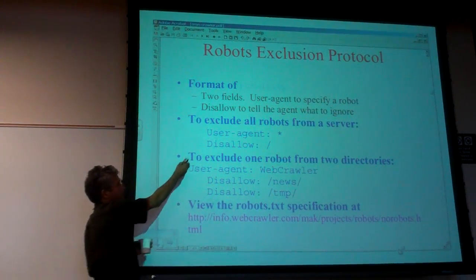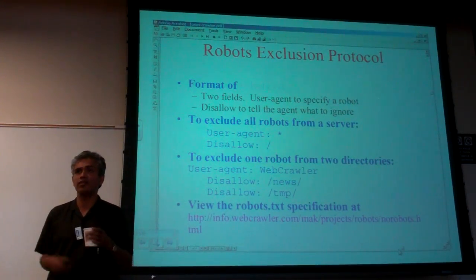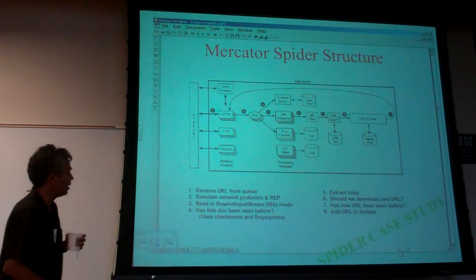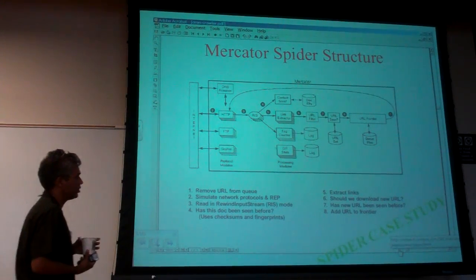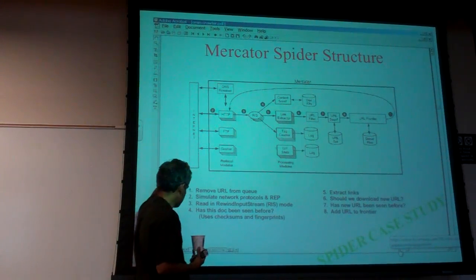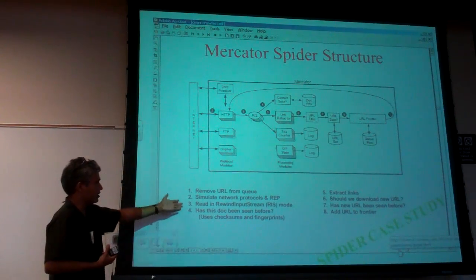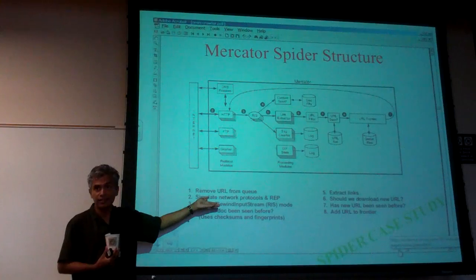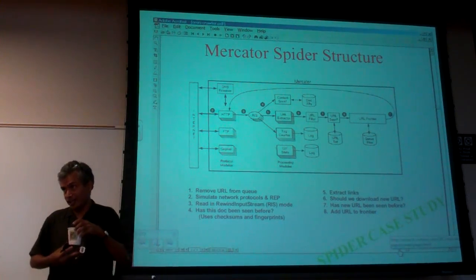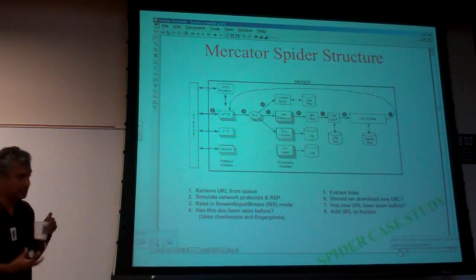If you're interested in the full robots.txt protocol, you can look it up pretty much anywhere. So here is an architecture for the original Mercator crawler that they wrote papers about, and here are the steps in it. You remove the URL from the queue, and once you have the URL, you need to simulate the protocols, HTTP.